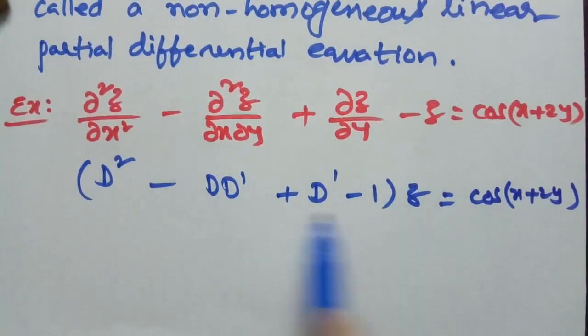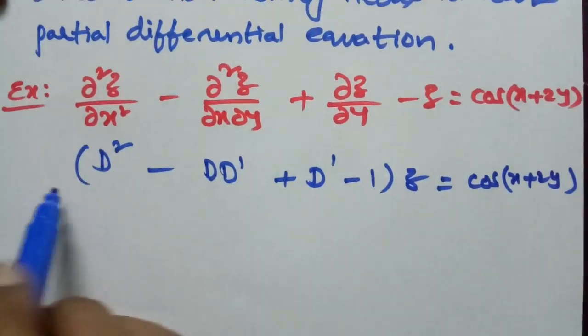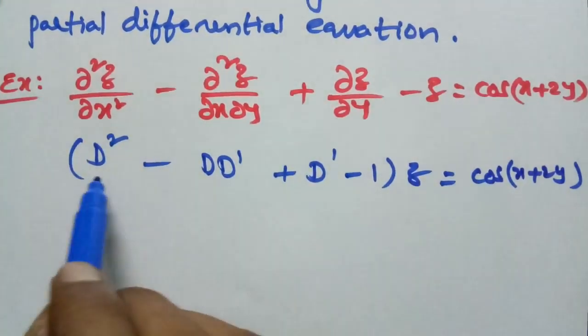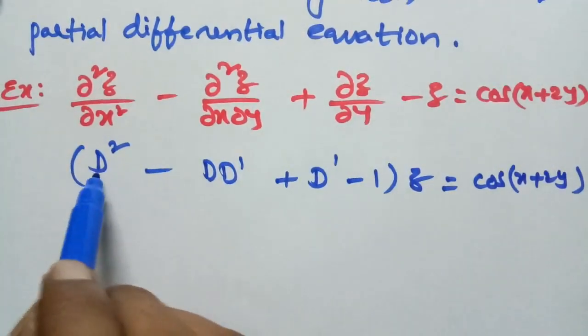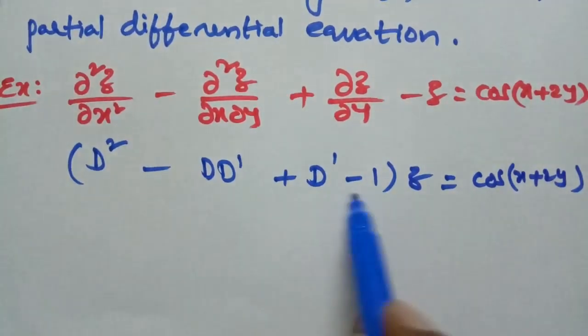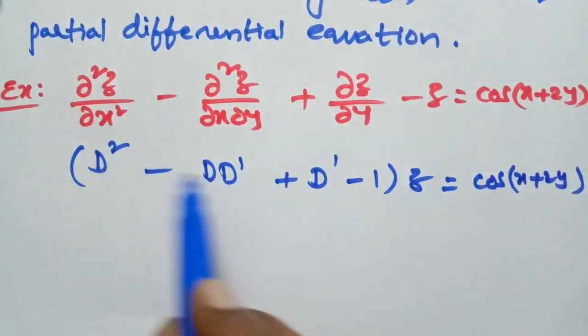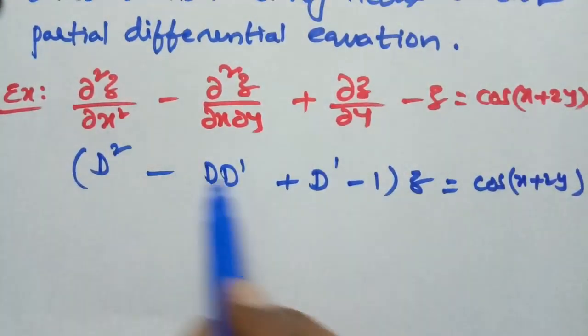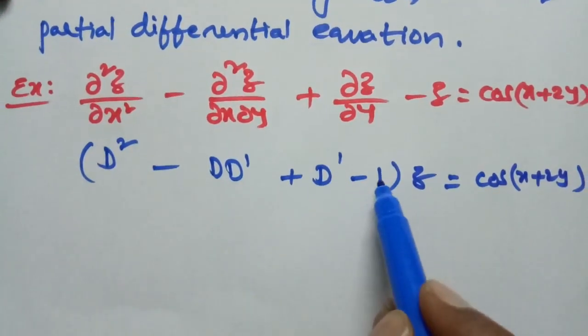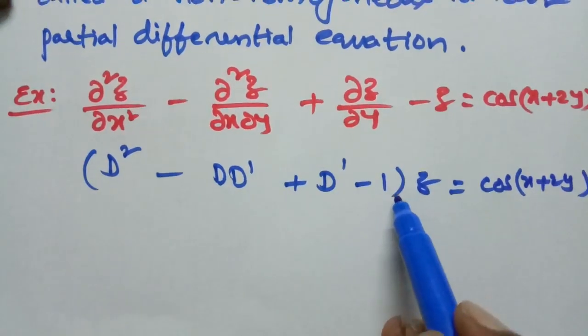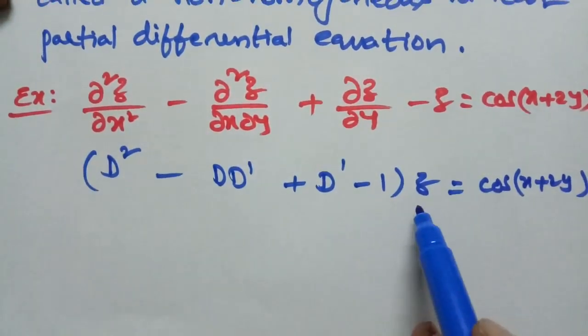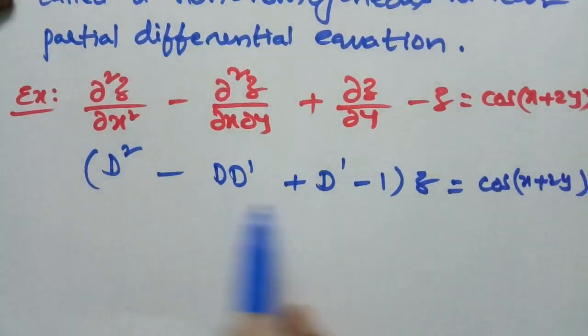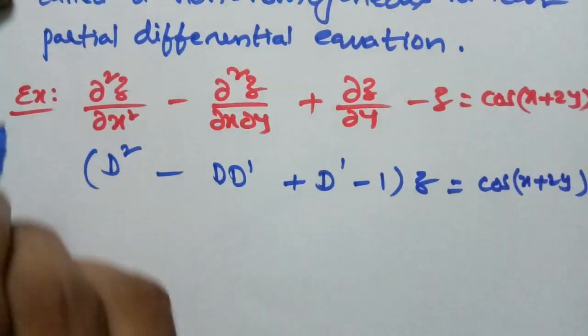In the capital D, D dash form also, it is a polynomial in D, D dash, but it is not homogeneous. Here D square has order 2, but here order is 1, and here no derivative. That's why this is not homogeneous.